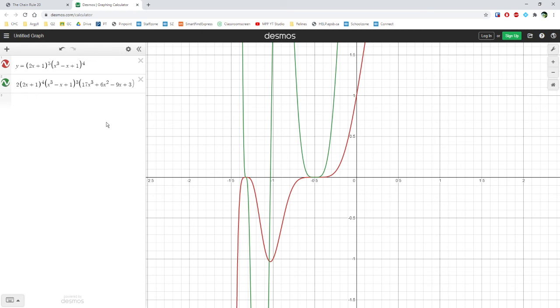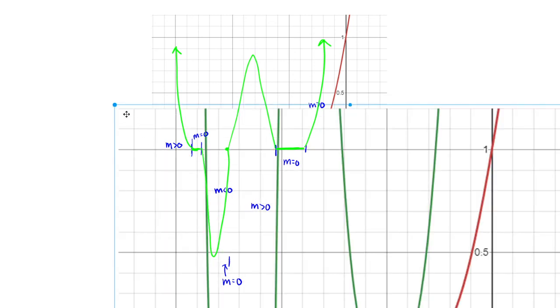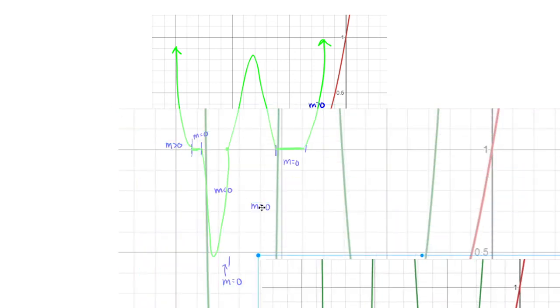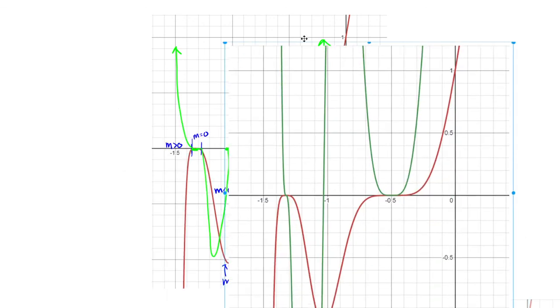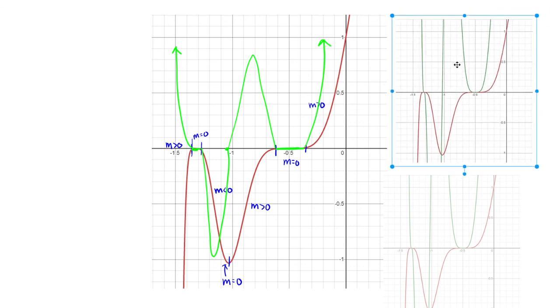And again, I'm going to take a screenshot just so it's easier to compare. So we're going to go back to our problem right here. And I'm going to paste it in. I'll make it a bit smaller.